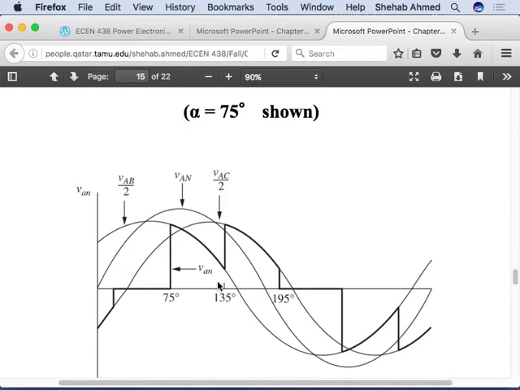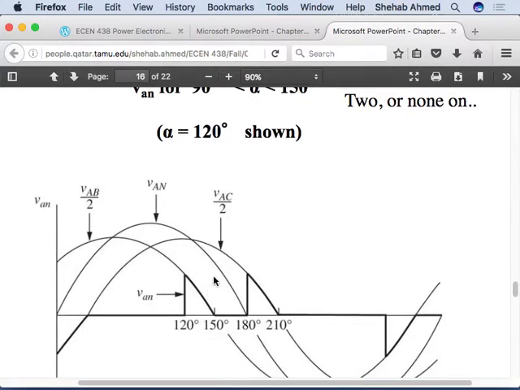For 90, instead of 75, you start a little bit later and go all the way down to the 0 point here, right? Beyond an alpha of 90, you will start even later, and then go all the way to 0, and you will have a place where the voltage output is 0. That's what they've shown here.